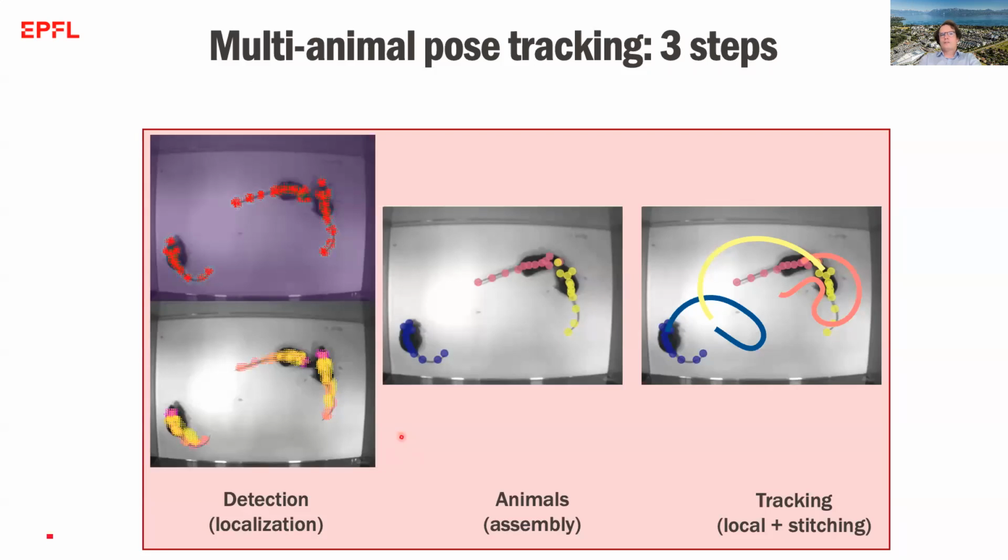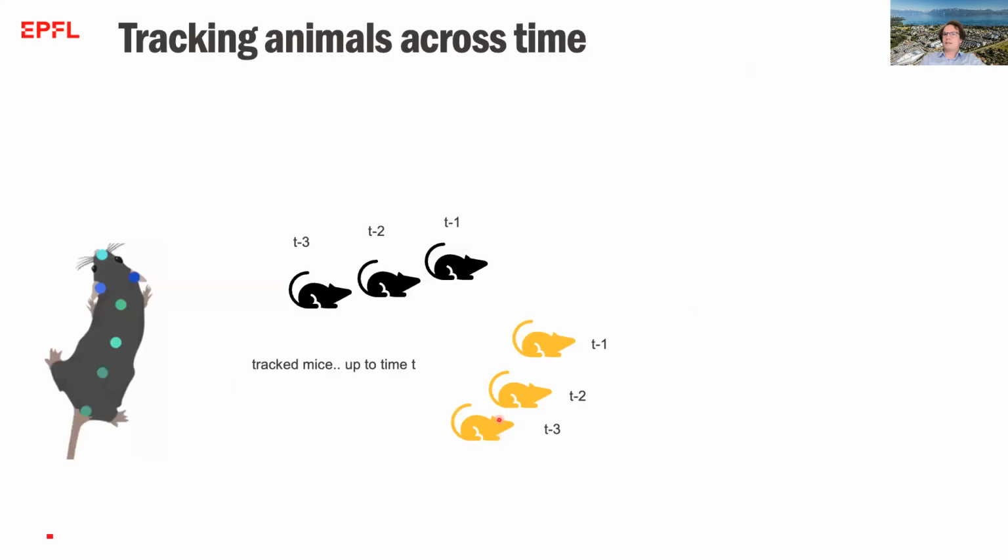So far I've talked about localization and then also assembly based on part affinity fields. But overall, of course, for doing multi-animal pose tracking, we also need a tracking step, and that's what we're going to discuss next. So let's consider the case that we have two mice depicted here as yellow ones and black ones, and we have tracked these mice up to time t.